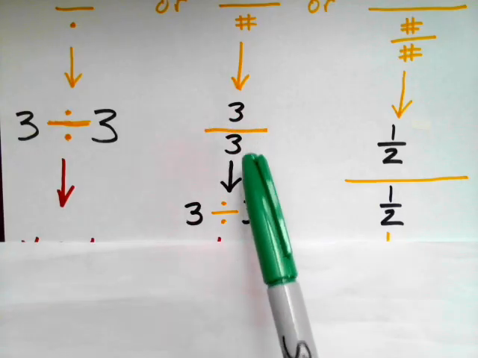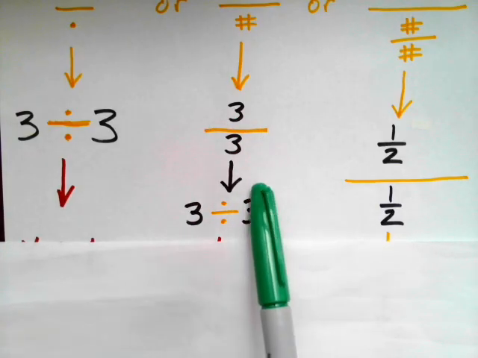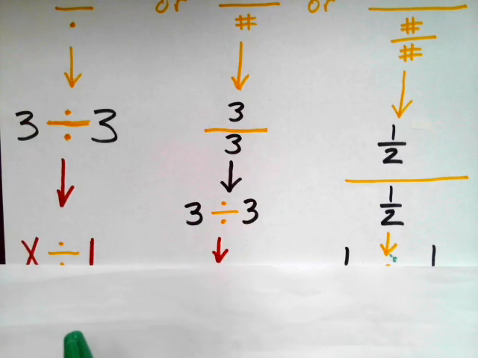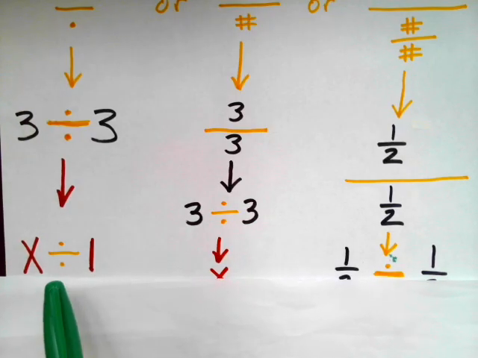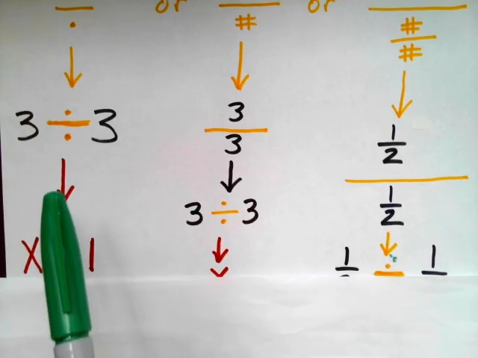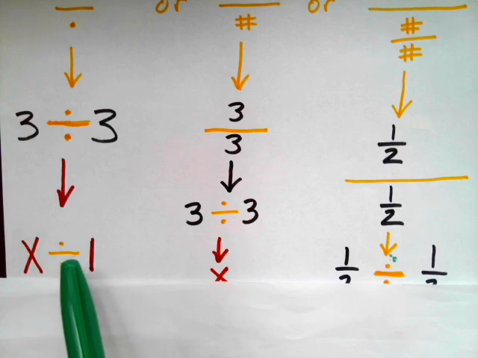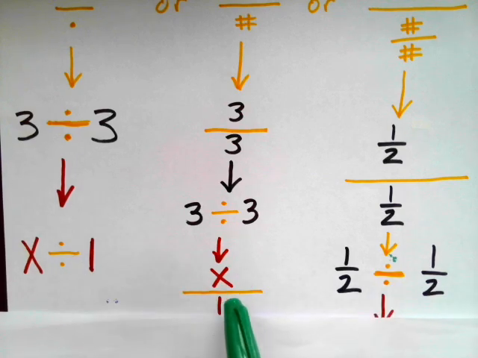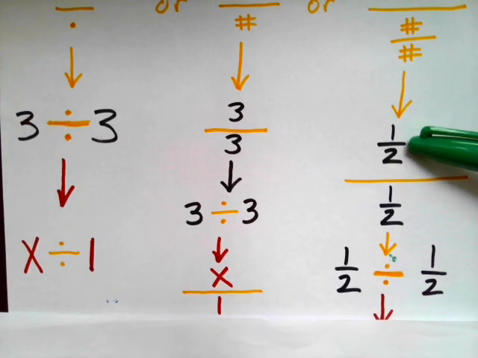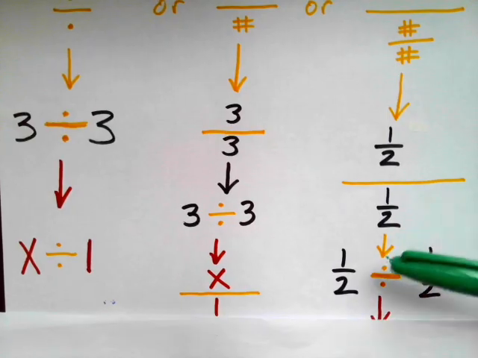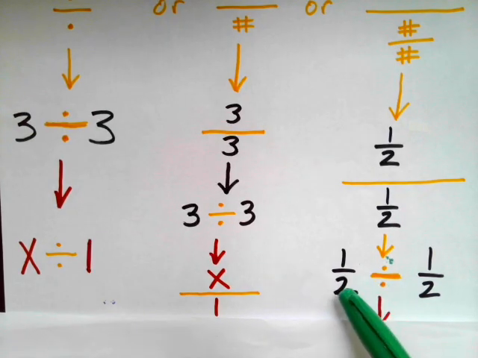So 3 divided by 3 can also be written as 3 divided by 3. This is just another example of using the division symbol. x divided by 1 would look like x divided by 1. It's the same thing. Coming back here to a fraction divided by a fraction, you could also rewrite that as 1/2 or a fraction divided by a fraction.